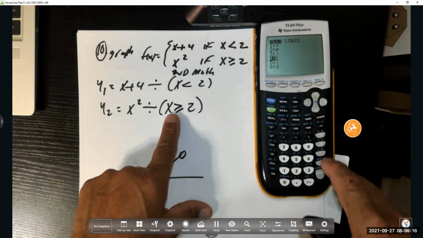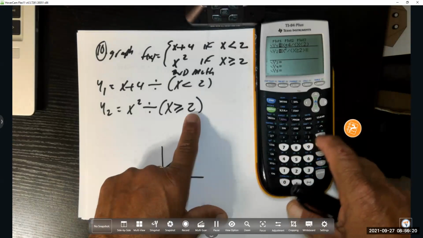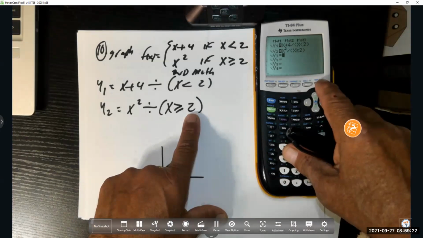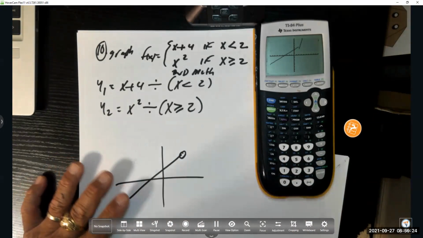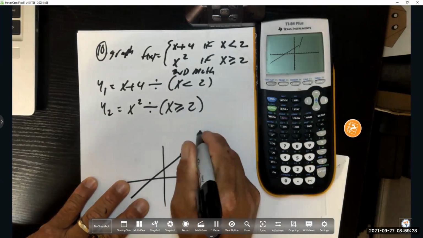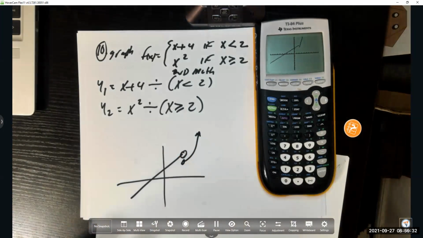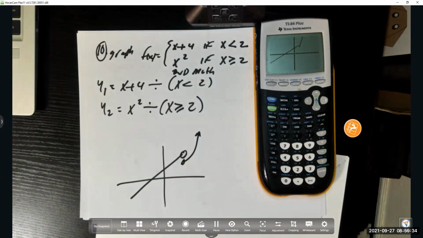So it's going to be that one right there, greater or equal to 2. Okay, let me see what it looks like. Ready? Let me hit graph. It looks like it's going something like that. Y'all get something like this? Yes or no? Yes, I got that.